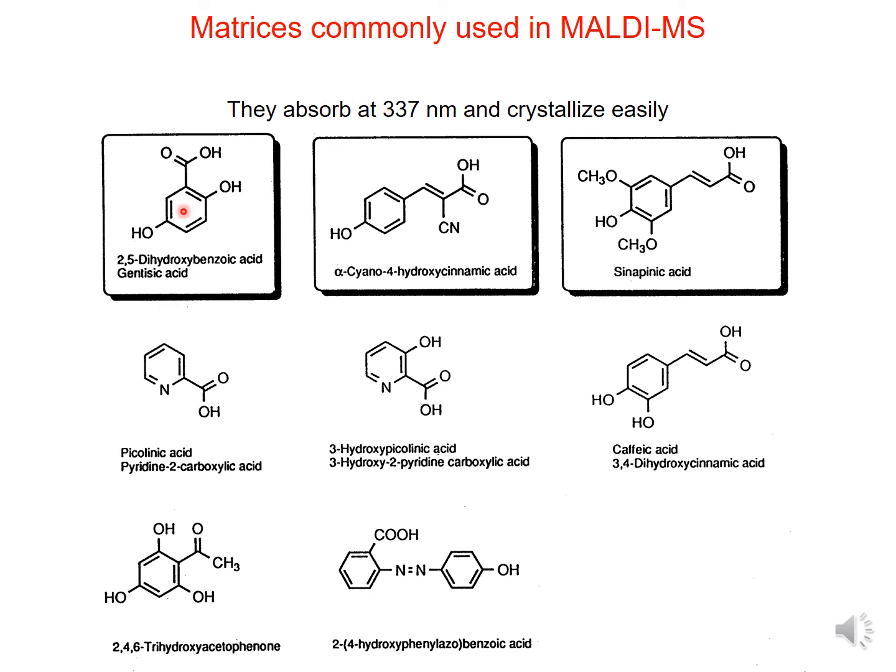So classically we use the dihydroxybenzoic acid or the alpha-cyano-hydroxycinnamic acid or the sinapinic acid. These three matrices are the main matrices used in MALDI. If you see the literature, you will see that it is always with these three kinds of matrix.